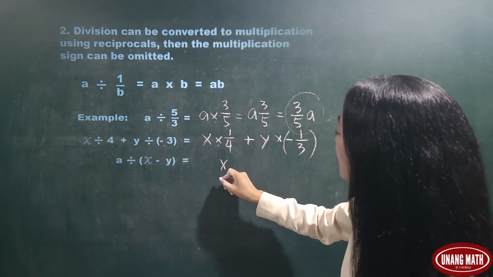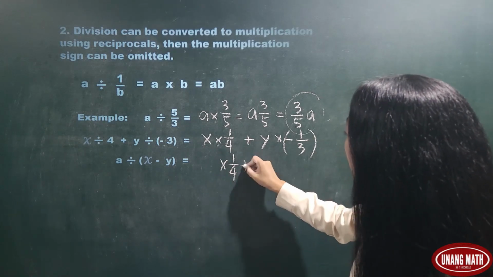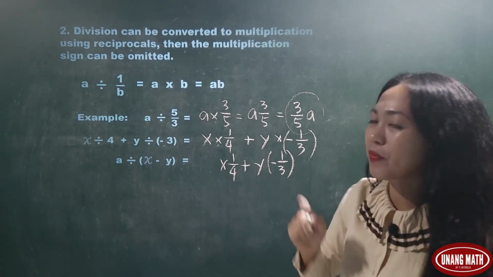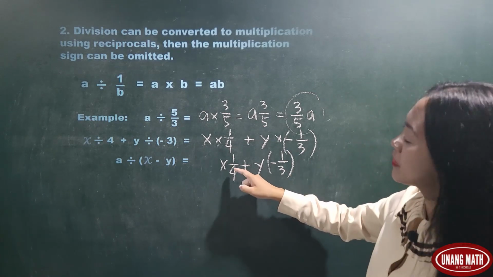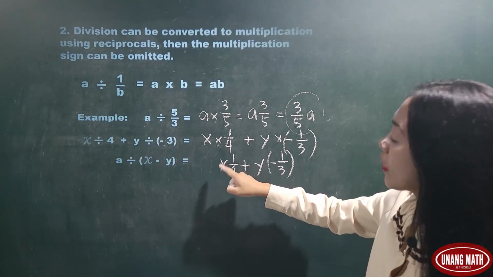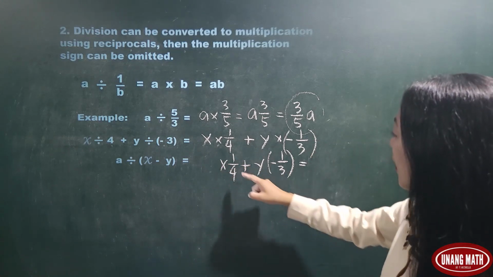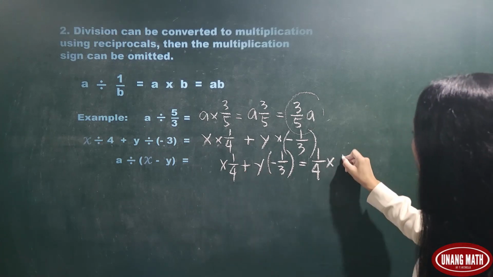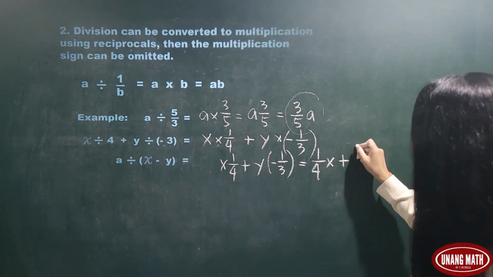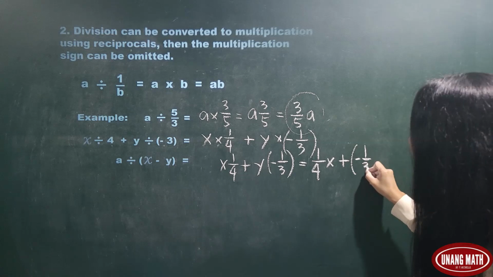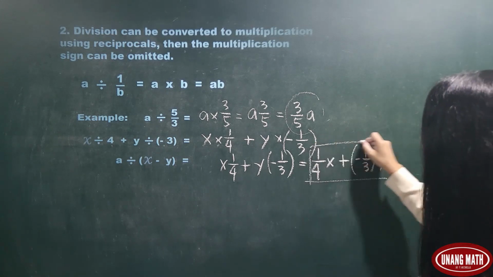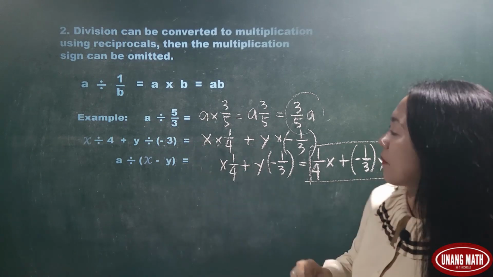So it's x times 1 over 4 plus y times negative 1 over 3. But the rule is we have to write the number before the variable. So this is 1 over 4 x plus negative 1 over 3 y. So this is the answer to this problem.